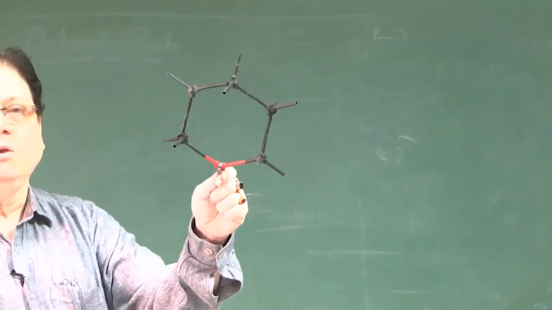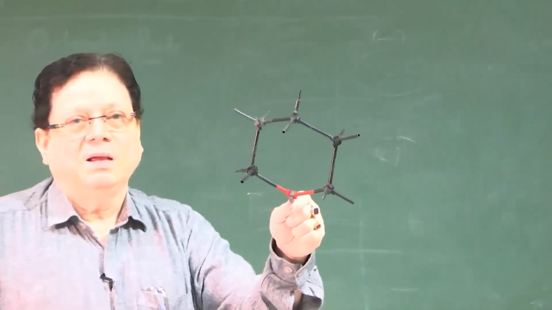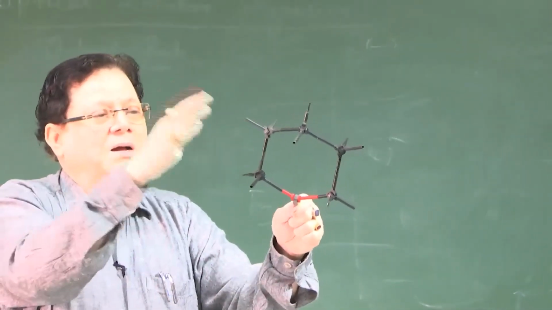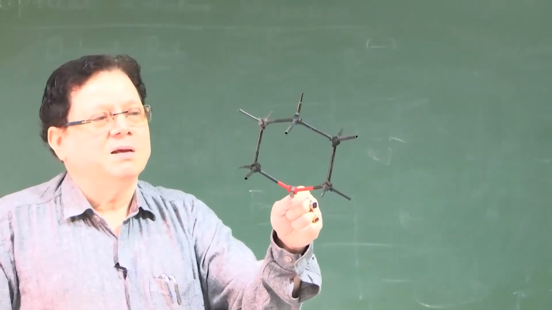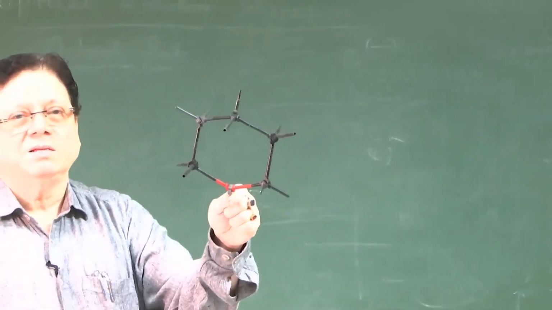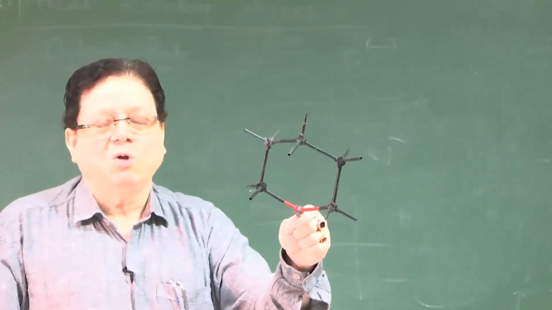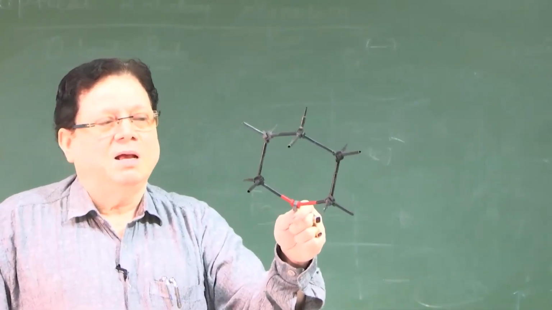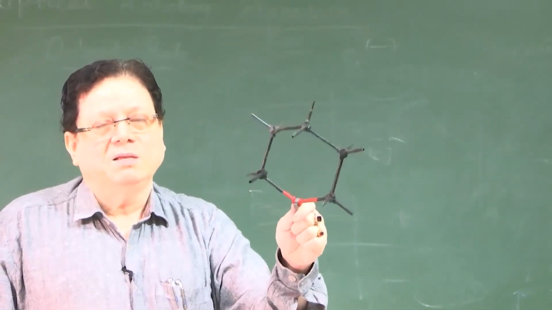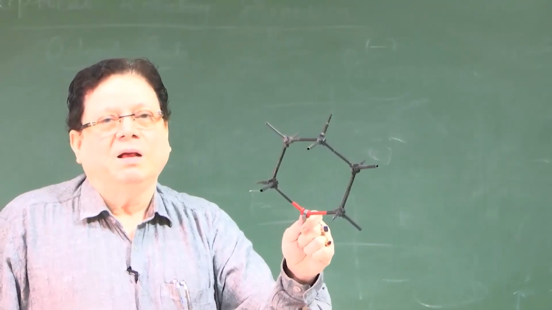Now, if you have only cyclohexanone, things are easy, but if you have more rings, like a decalone system, a perhydrophenanthrene system, or a steroid system, then drawing this projection is a little tricky.